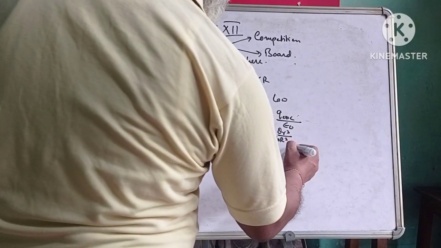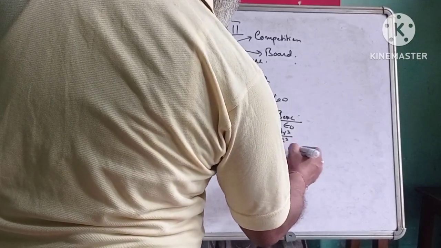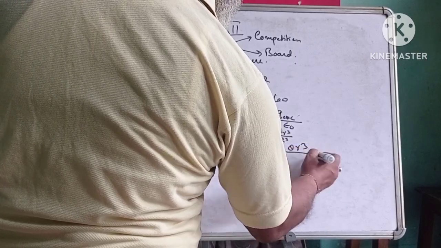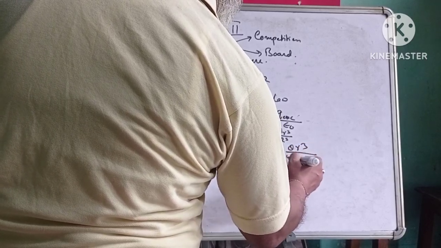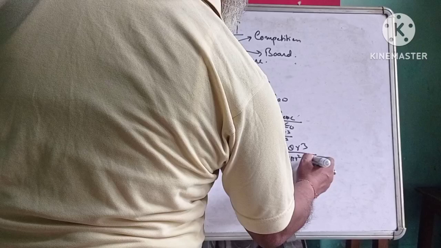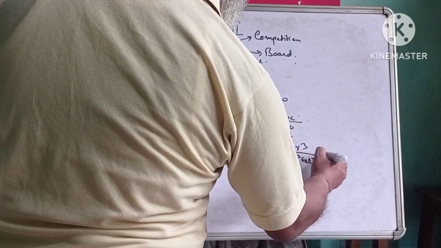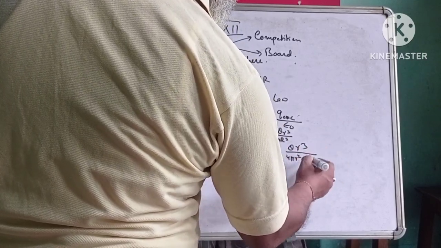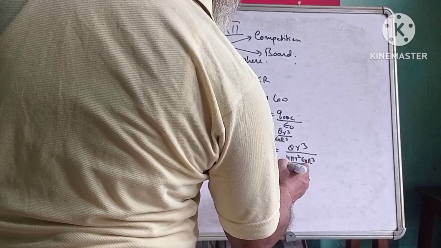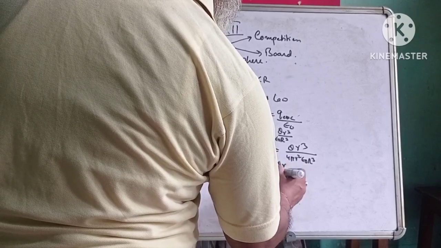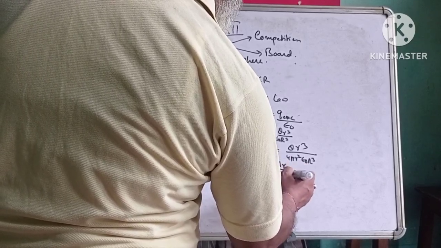So this will be equal to q r cube by 4 pi r square epsilon naught r cube. So this comes out to be q r by 4 pi epsilon naught r cube.